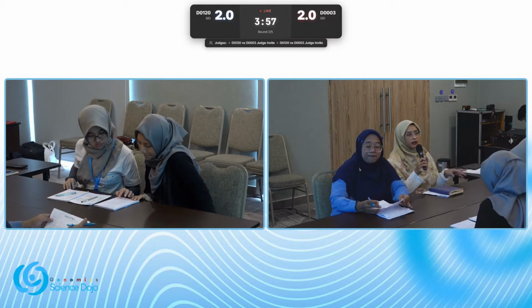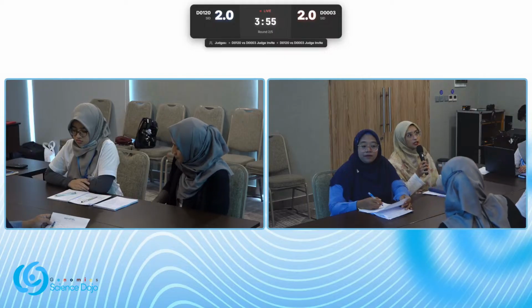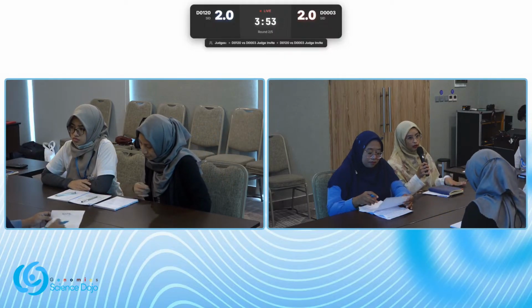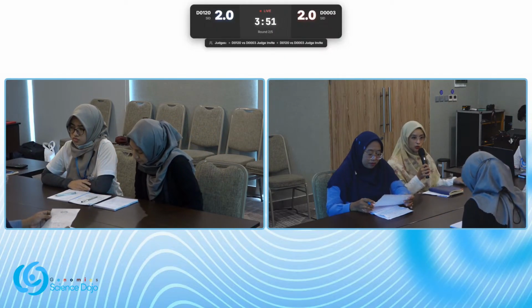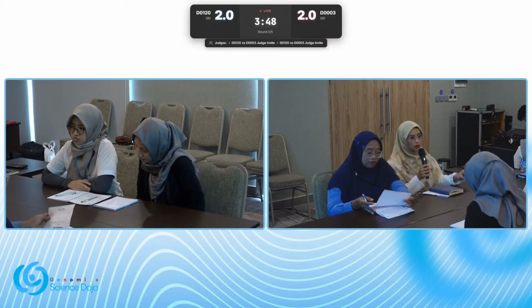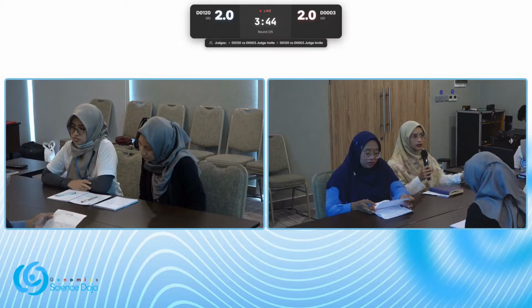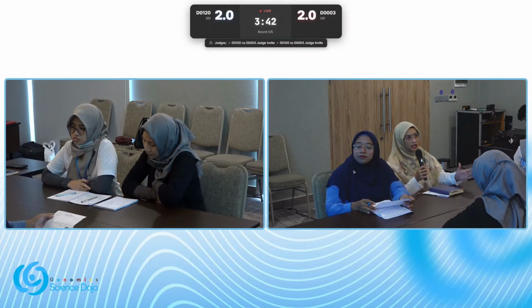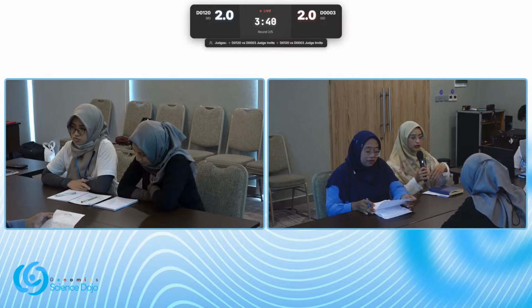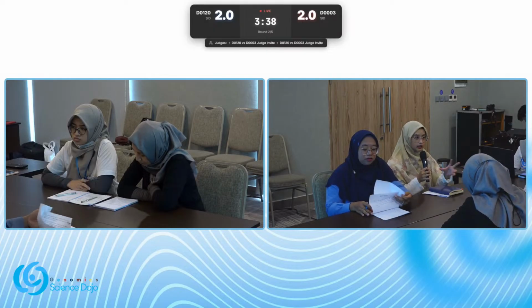So we're not testing the association between the source of information and the knowledge score, and the knowledge score itself actually tests the knowledge. We have the answer key. They state whether a statement is right or wrong, and then they state what they believe, and we already have the answer to that.